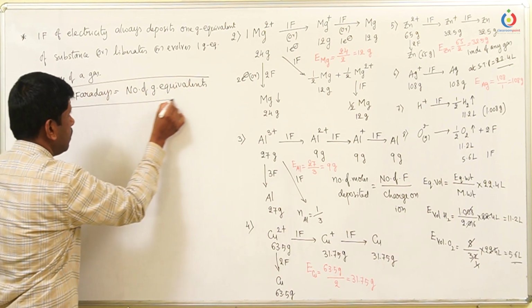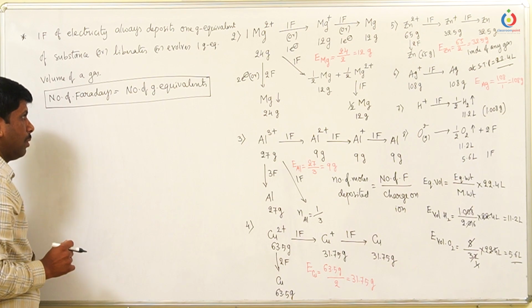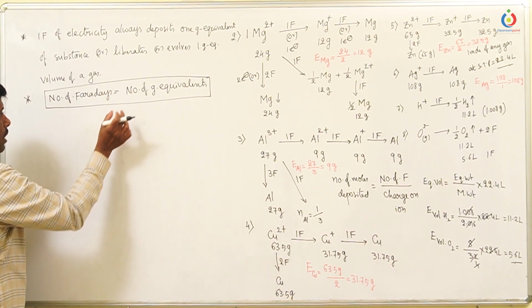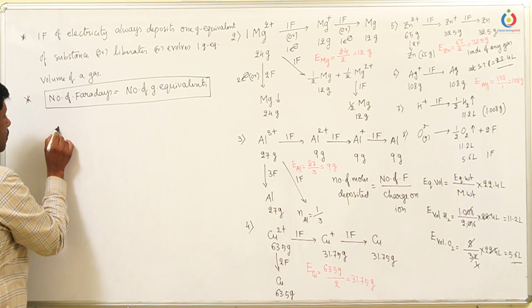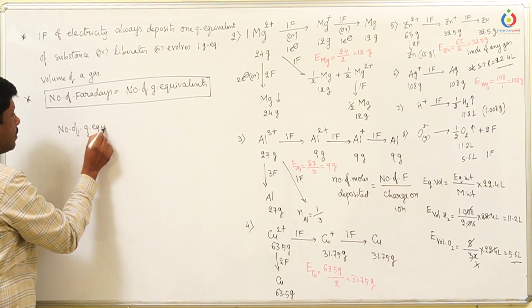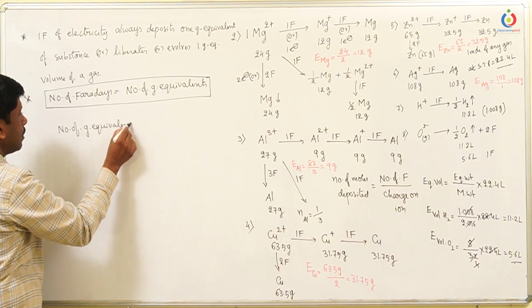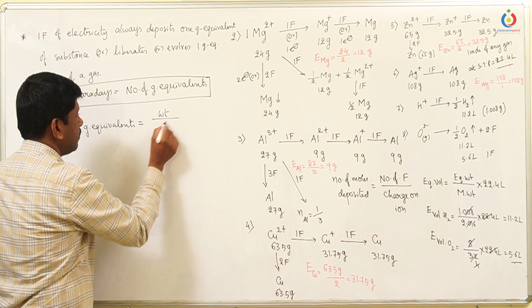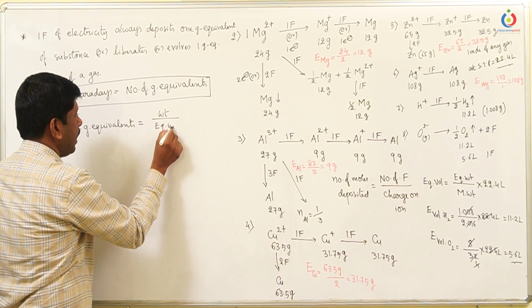This is one of the important formulas in solving questions for both Faraday's first law as well as the second law. And we also know the formula, number of gram equivalents is equal to weight by equivalent weight.